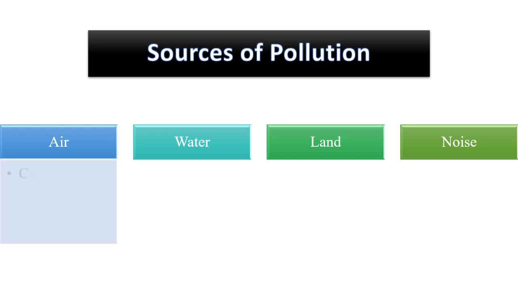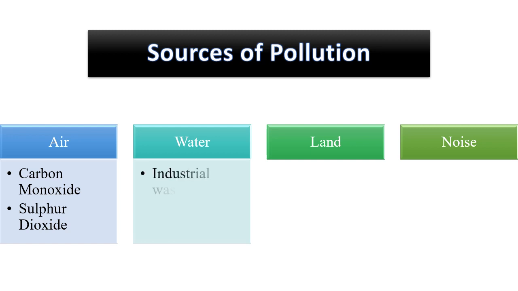If we talk about air pollution, examples are carbon monoxide, sulfur dioxide, chlorofluorocarbon and many other gases that cause pollution in the air. If we talk about water, industrial waste and polluted rivers are examples of water pollution by the industries.